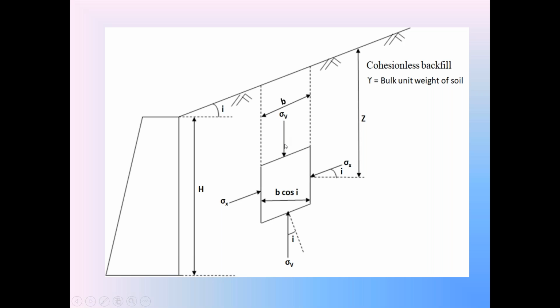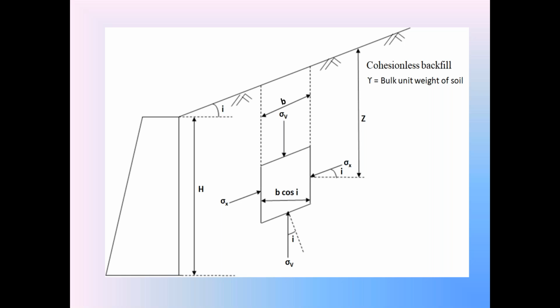Since sigma v is not perpendicular to the top surface of the element and sigma x is not perpendicular to the vertical sides of the element, sigma x and sigma v are not the principal stresses.